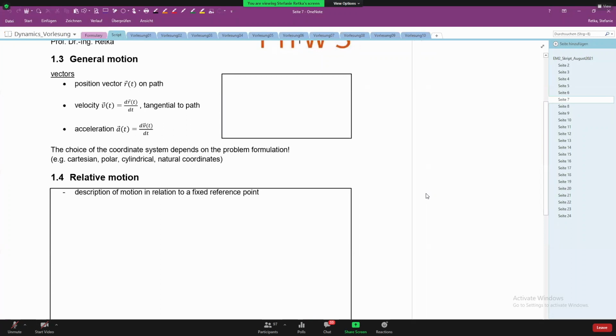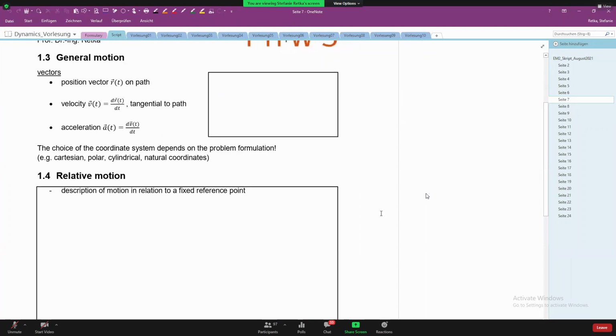Okay, because so far we are only able to discuss the simple forms of motion, either rectilinear motion, like the stone being dropped, or the circular motion, like the car driving through a curve. But in many situations, we do not have these simple types of motion.